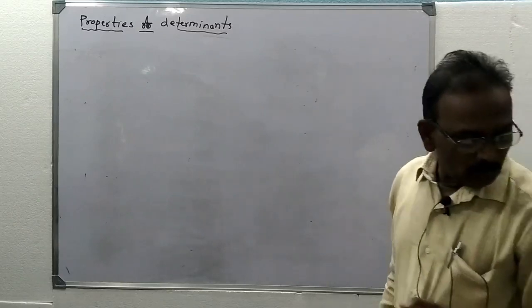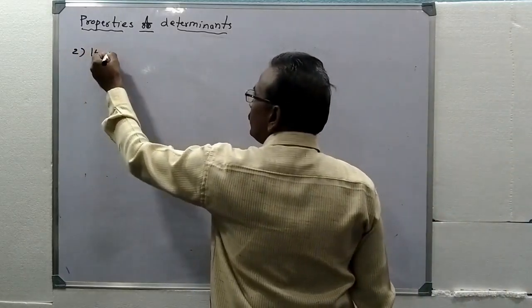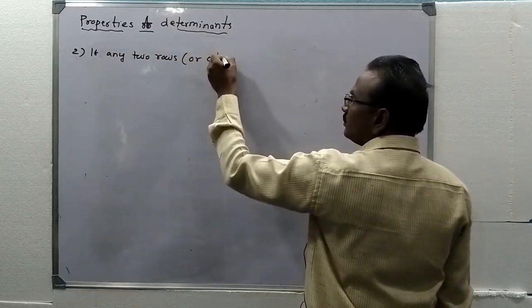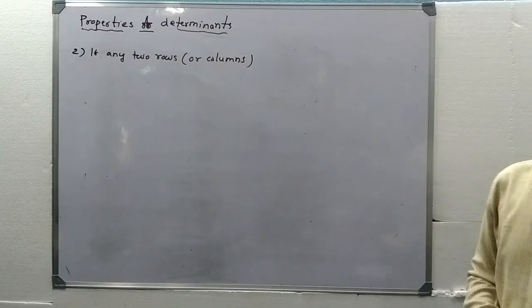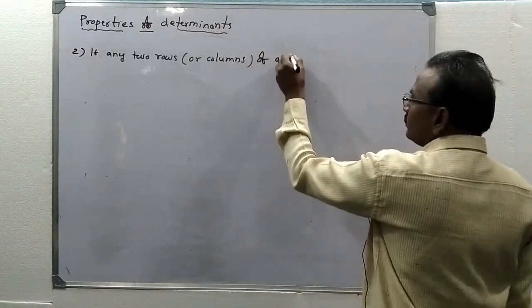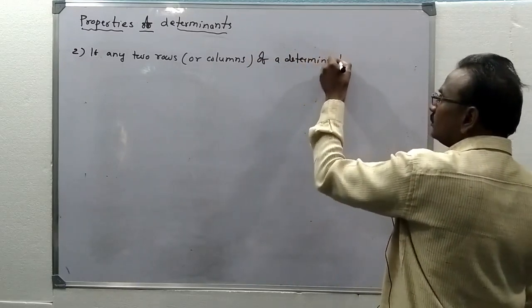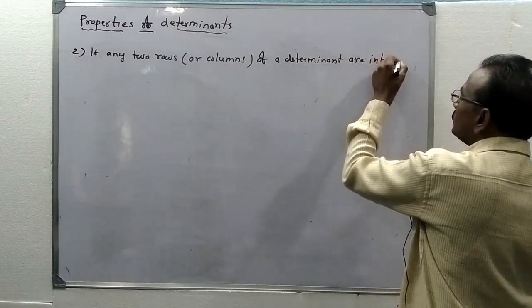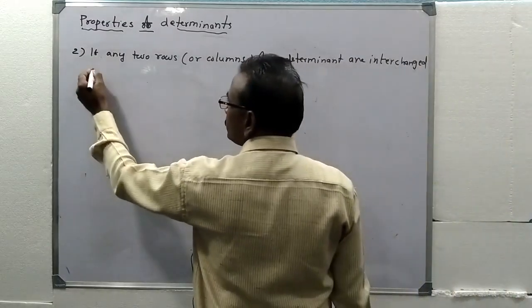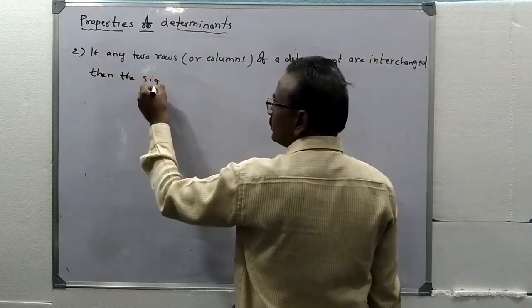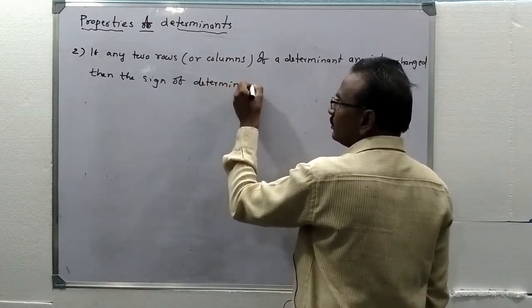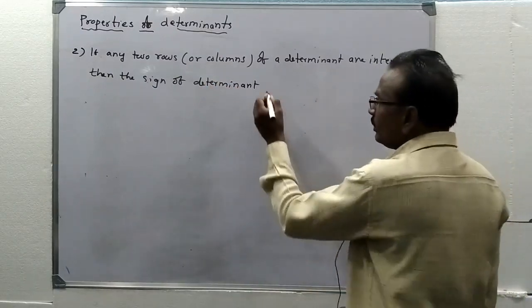Property 2: if any two rows or columns are interchanged of a determinant, then the sign of determinant changes.